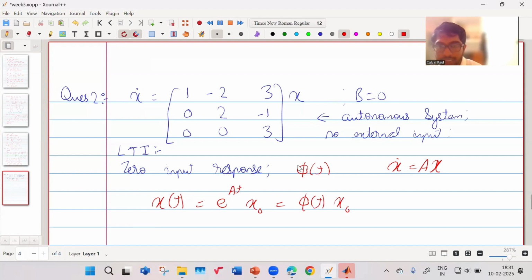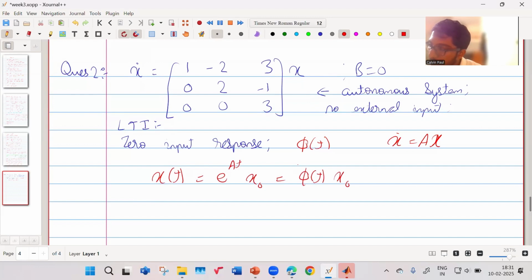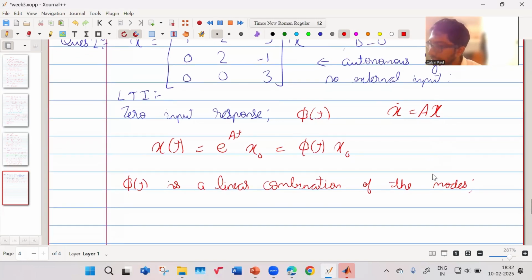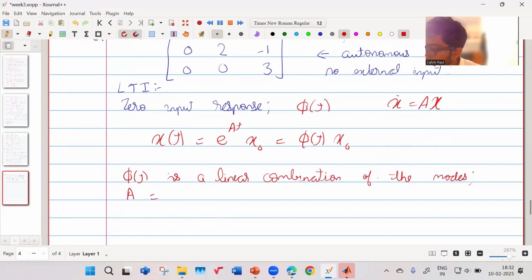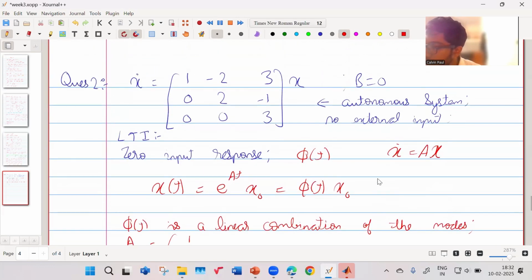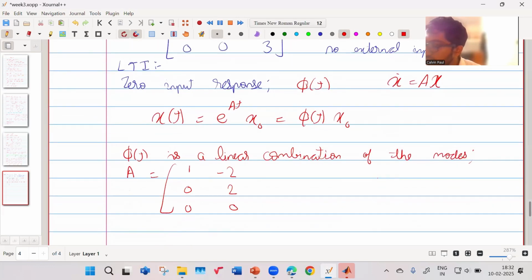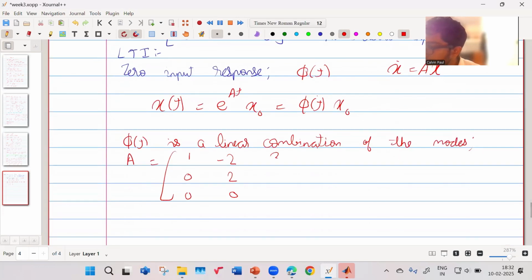Now there is a property that your phi of t is a linear combination of the modes. What does that mean? This matrix A, which is given by [1, 0, 0, minus 2, 2, 0, 3, minus 1, 3], will have certain eigenvalues, right?